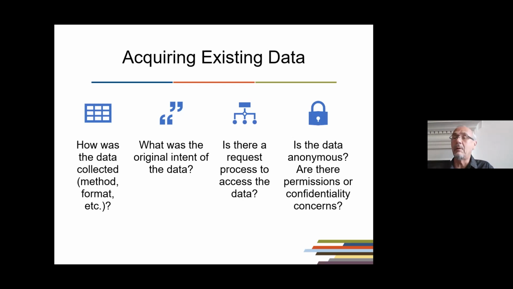Just as an example, if you're looking at driving under the influence trends in a community, well, you need to know if the data that was collected, was that collected just on convictions? Is that collected on the number of arrests? Is that collected on the number of people that may have been pulled over?